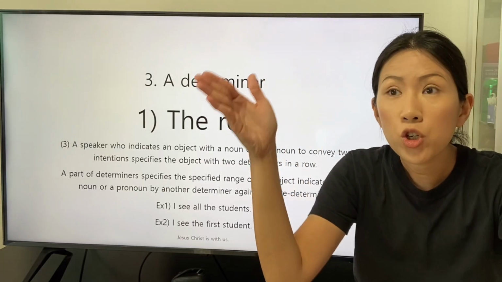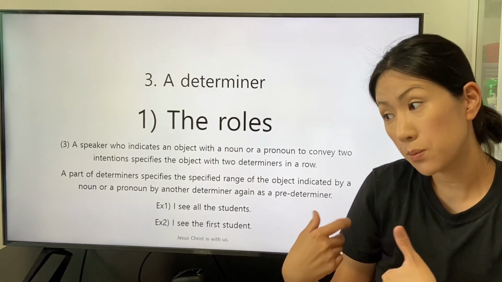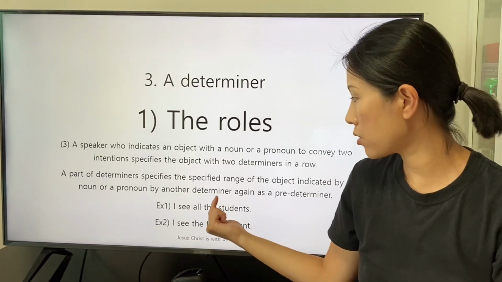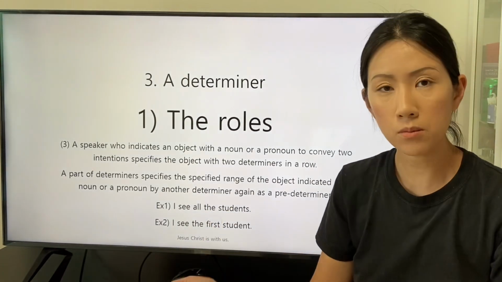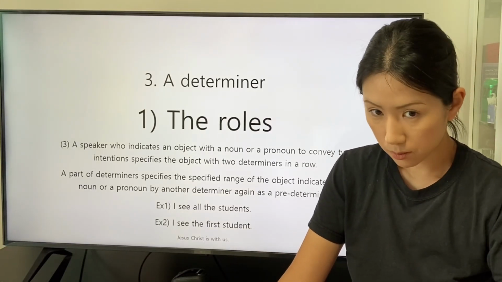A part of the object can be specified again by the predeterminer all in the first clause and the in the second clause.